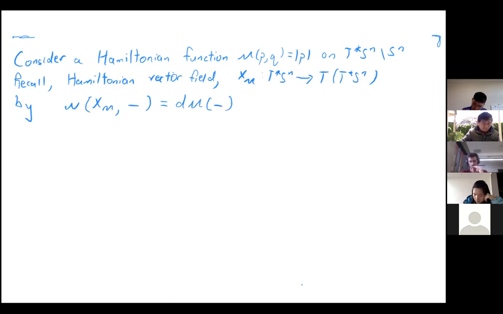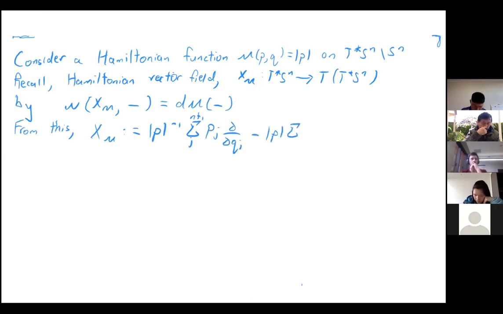From this you calculate the vector field to be this thing here, the vector field associated to the Hamiltonian flow. Since we got this vector field, we can integrate it, and integrating gives a flow.